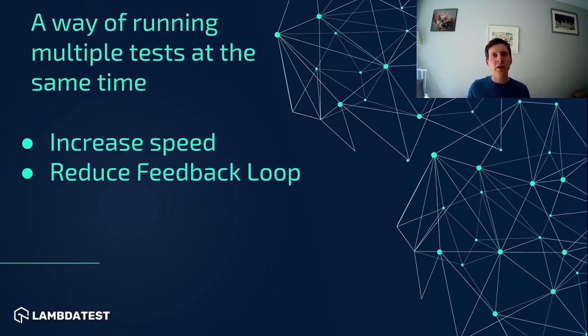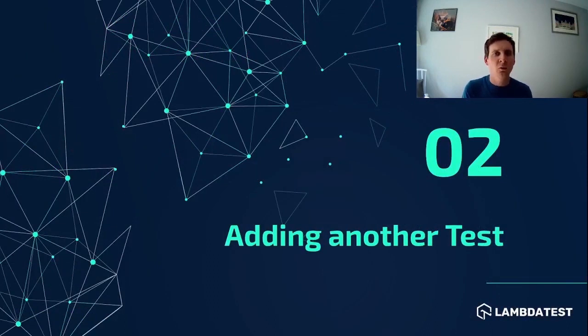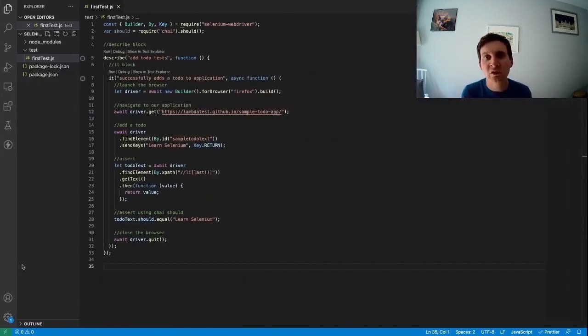So now let's go and have a look at our tests. Up until now, we've just been using a single test in our Selenium test suite. But of course, you can't run a single test in parallel, so we're going to need to add another. If I go over to our test suite, we have our single test here in this first test.js file.